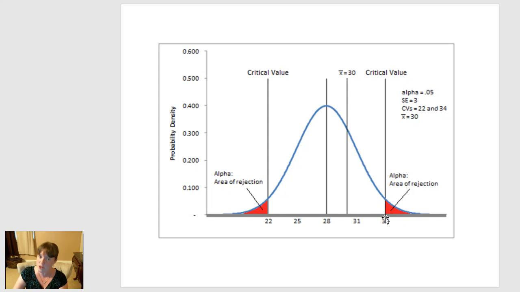I'm telling you that this is 2.5% down here and 2.5% up here. The upper critical value in the raw units was 34. The lower critical value was 22.